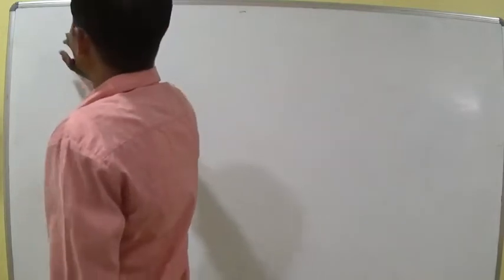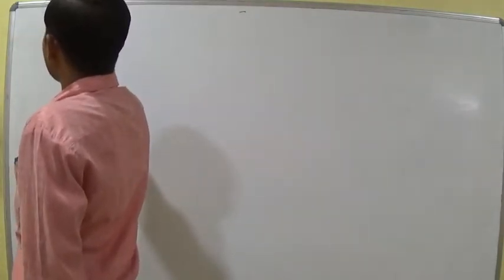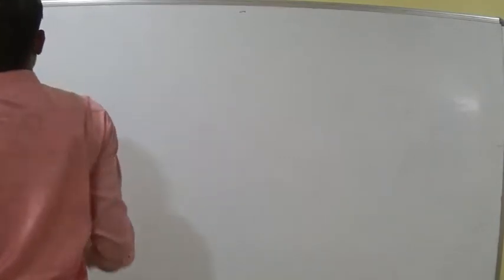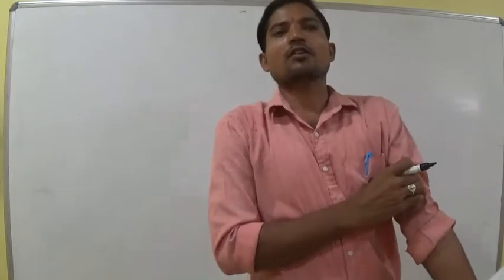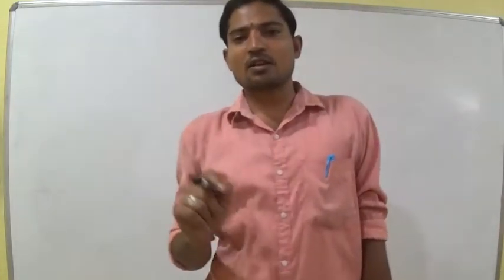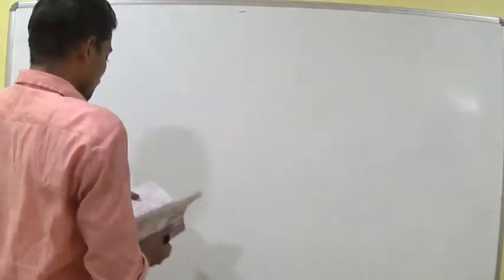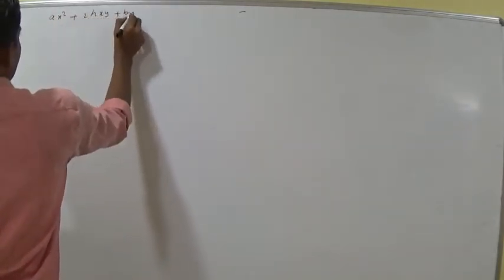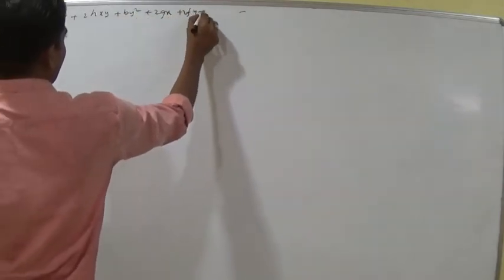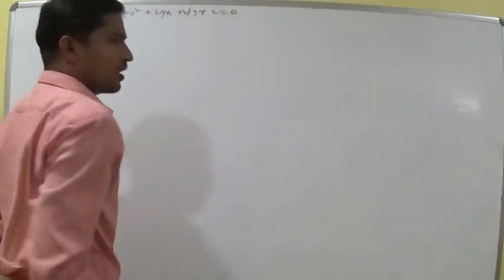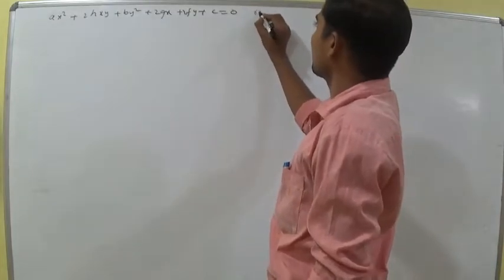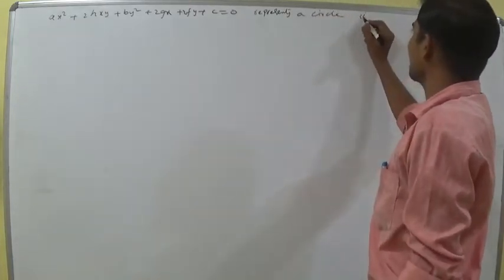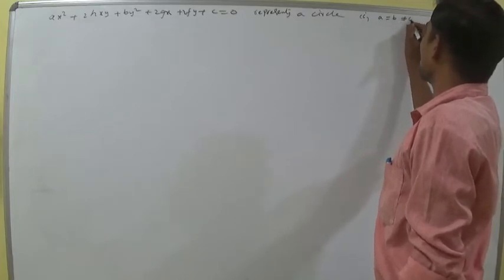See, the general equation in pair of straight lines, we know the general equation S = ax² + 2hxy + by² + 2gx + 2fy + c = 0. This represents a circle when, first case, a = b ≠ 0.